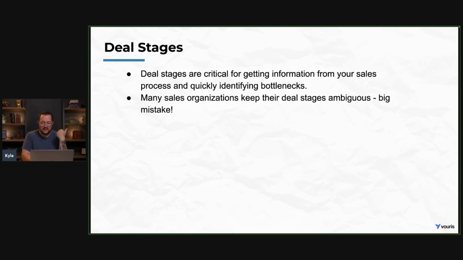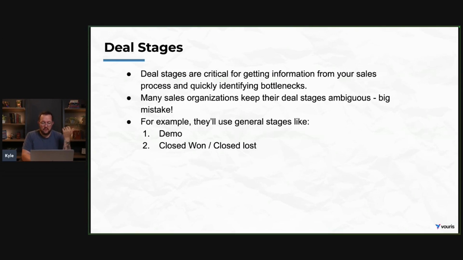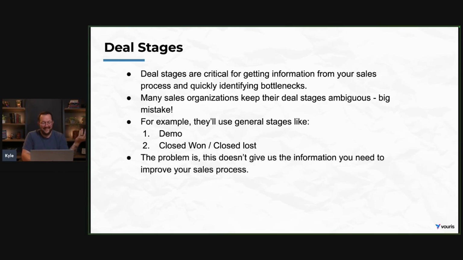Many sales organizations that I've seen keep their deal stages super ambiguous. For example, they'll use general stages like demo, close won, close lost. That'll be it. This is a big issue because you're not actually getting the information you need to improve the sales process.